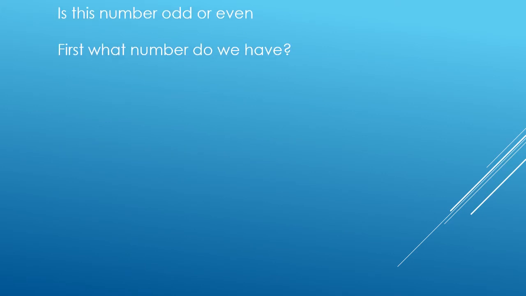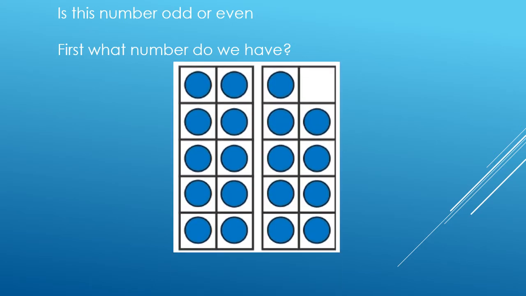We're going to look at some numbers and decide whether we think they are odd or even. First of all, we need to decide what number we have. If you'd like to pause the video, make sure you have a pen and paper, and write down what number you think we have here.